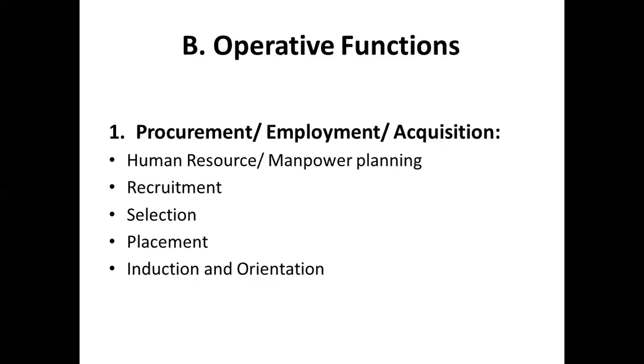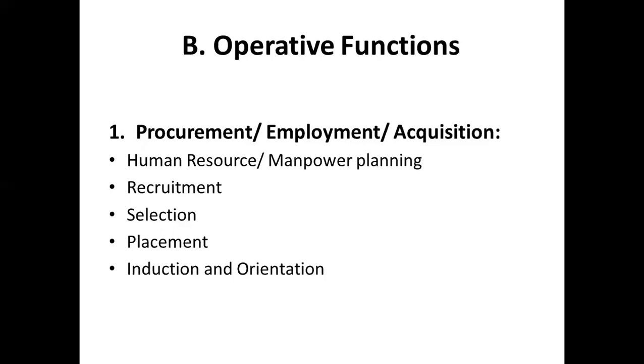And after the recruitment, next comes the selection. Selection is where you select the best candidates, those who have applied for your job, through various interviews or various selection processes. And once you select the best of the best personnel for your organization, you need to give them placement.